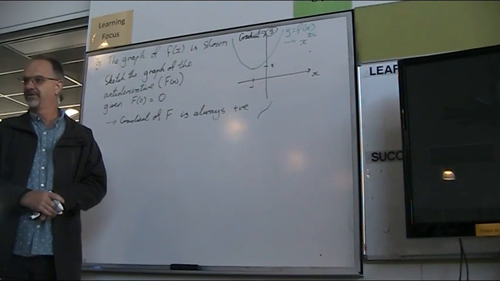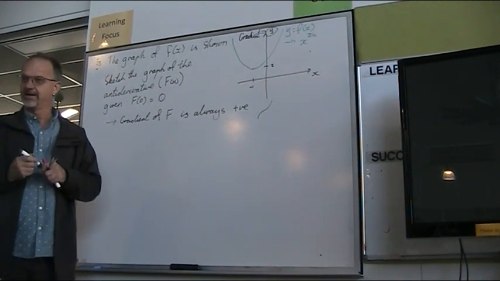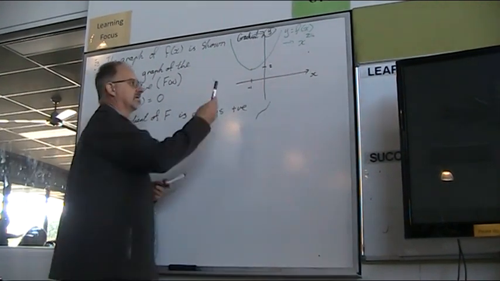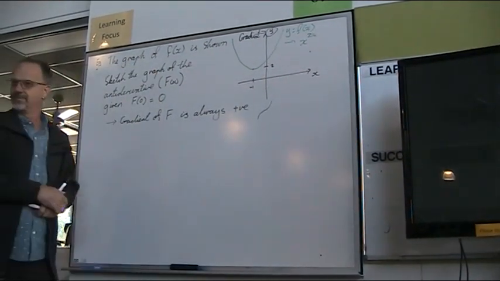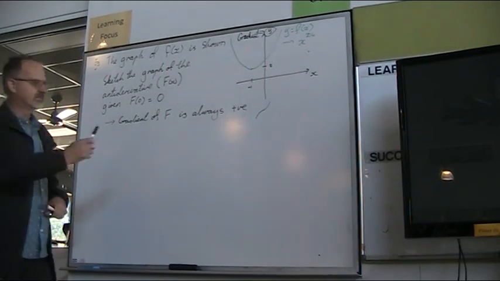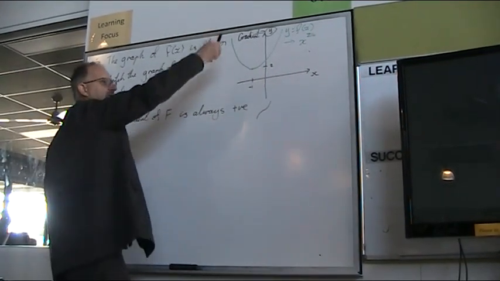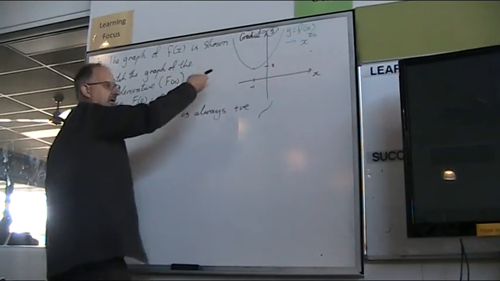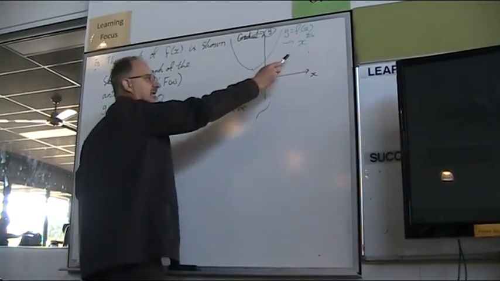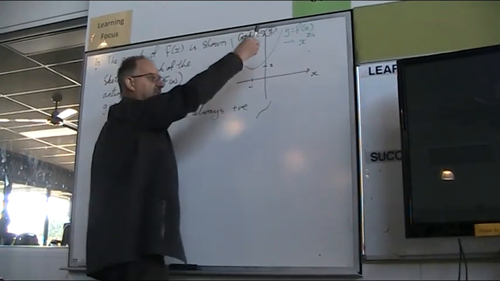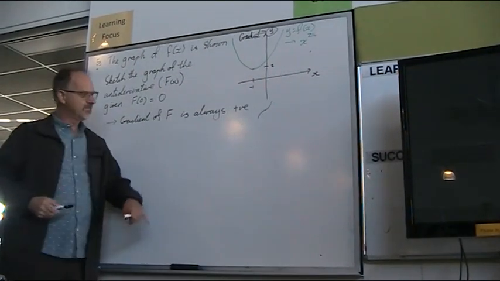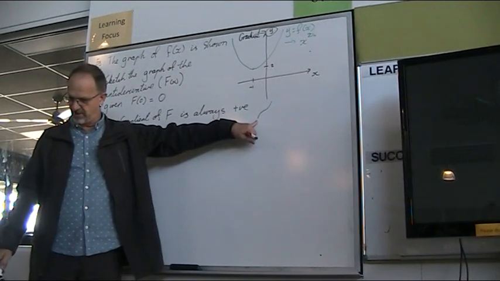Power of 3, which would be a cubic. So there's two ways heading us to the same conclusion. If we're going to have a positive gradient, it's going to go something like this. Something here looks like an x squared. Anti-differentiate, increase your power by 1, you get a cubic. So we're thinking we get something that's looking like this.